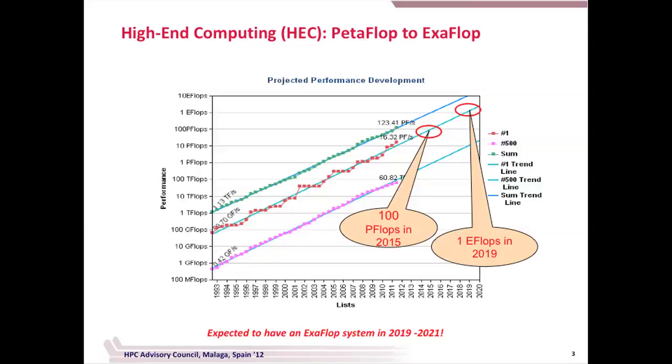And then a lot of discussion is taking place with respect to ExaFlop. Originally it was targeted for 2018, but now people are thinking 2019, or it might go into 2020, 21. It all depends on the budgets and how much money different countries are trying to pump. So we may see a little bit of flexibility in having an ExaFlop system.